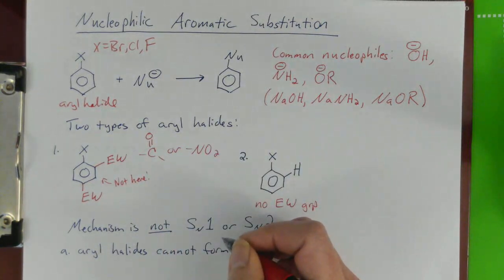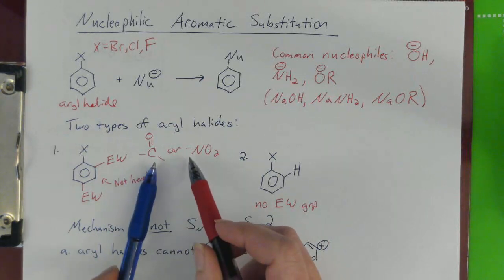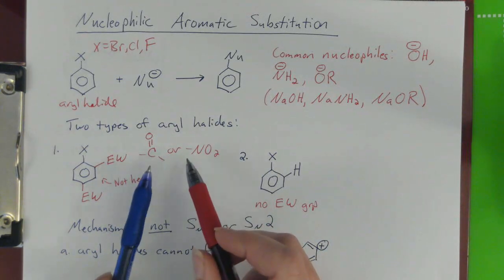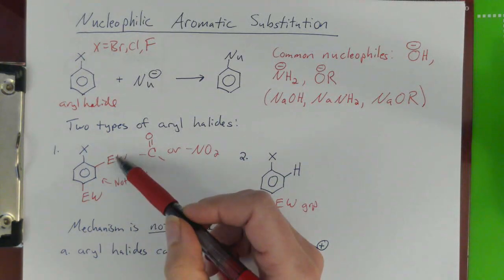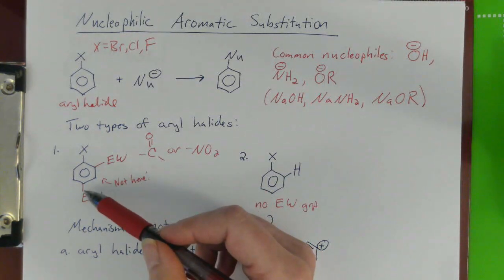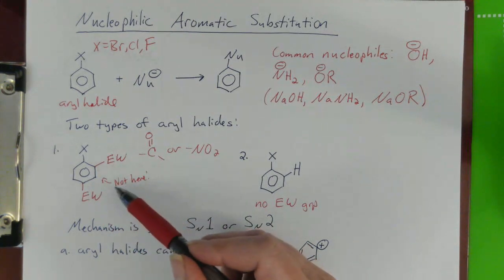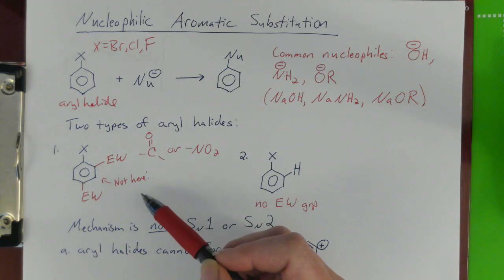And the electron withdrawing group needs to be either at the ortho position or at the para position, but not at the meta position in order for this reaction to occur.